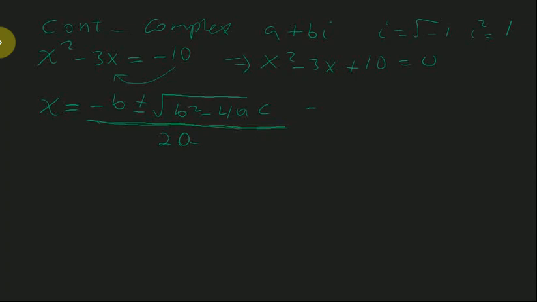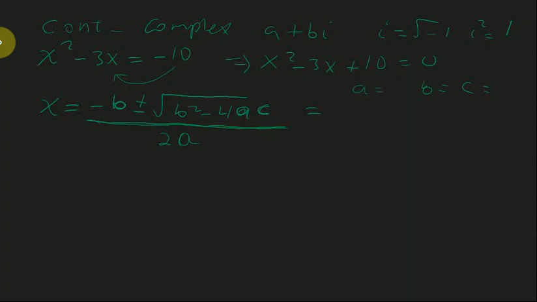Now we need to find x using a complex number, a plus bi. First things first, what is a, what is b, and what is c? We have a, b, and c here.